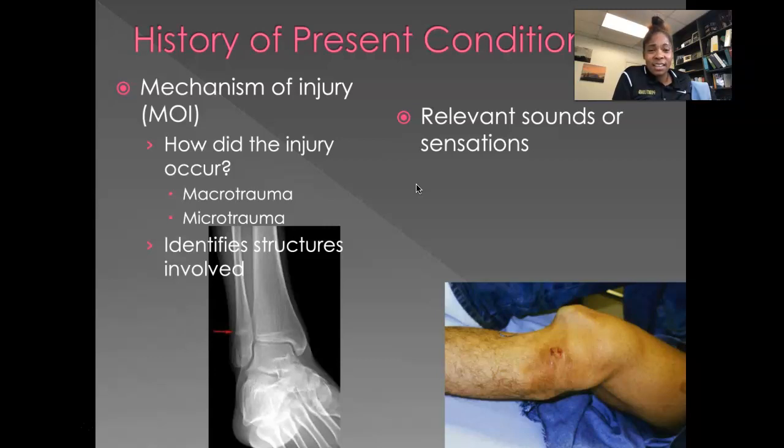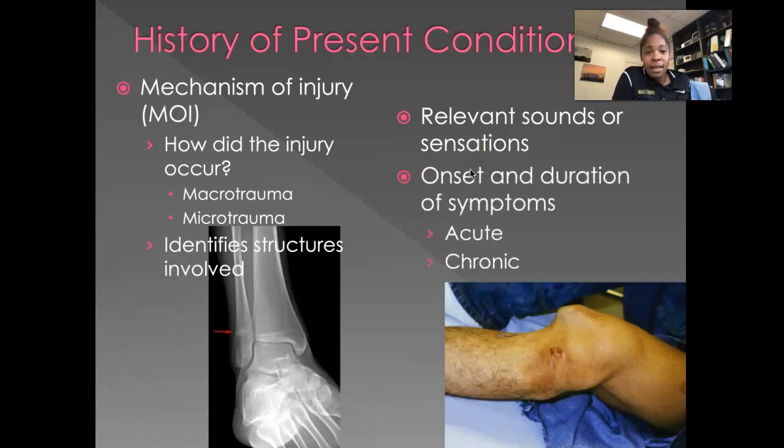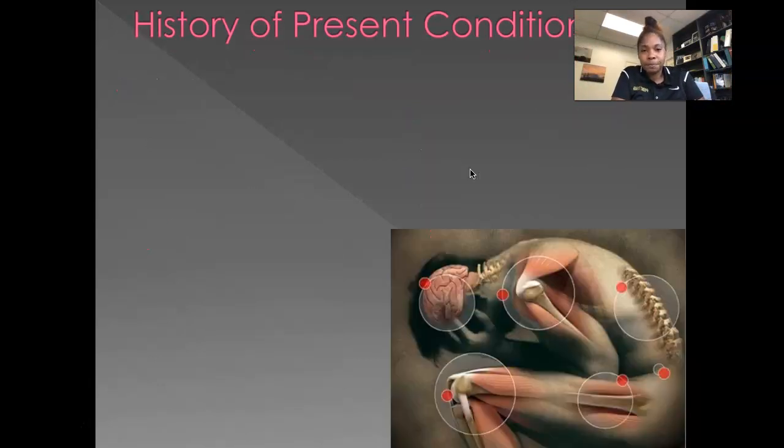A burning, a stinging, a snap, a pop, a crack, right? These become important because they allow us to know, was it ligament? Was it tendon? Was it muscle? Is it nerve? Right? And then onset and duration of the symptoms. So was it acute, like it happened right away, or it took a couple days to actually start presenting itself? These all become important questions that we want to ask our patient who's sitting in front of us.